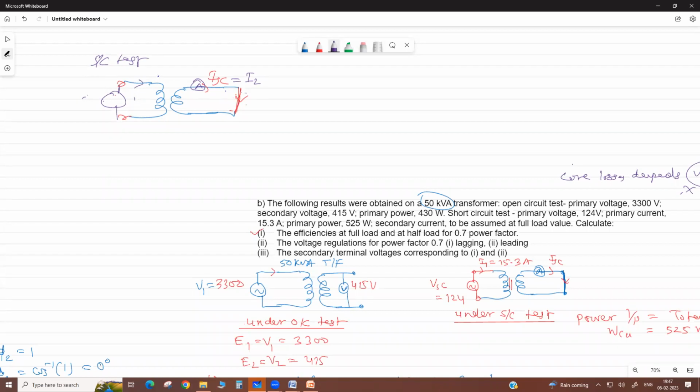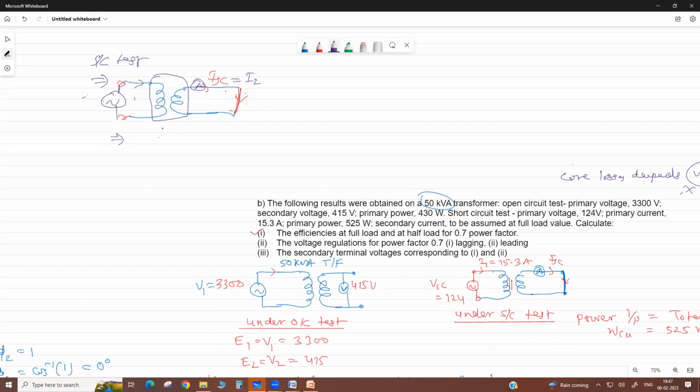If your transformer takes the full load current in the short circuit test, it means there are losses, because it takes power input from the supply. But where does this power go? We do not get any output. So we consider the input power under short circuit as a copper loss.